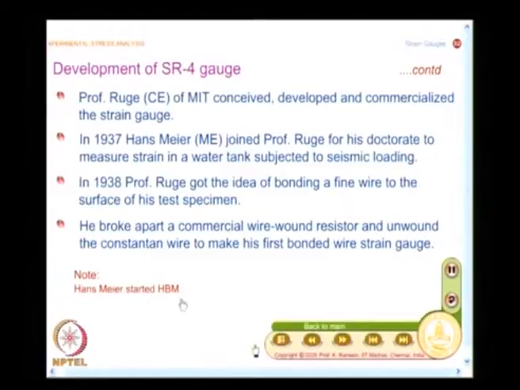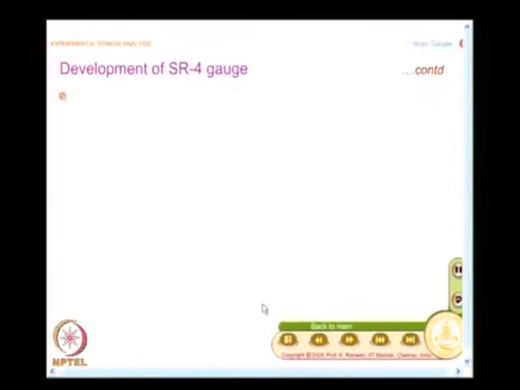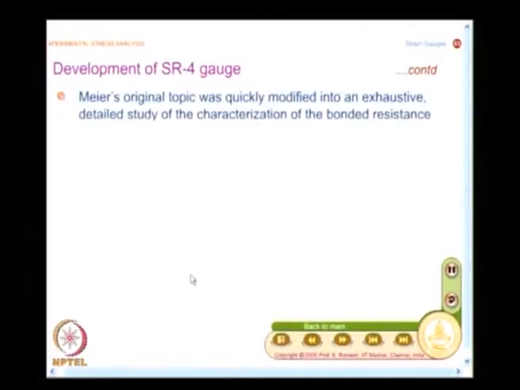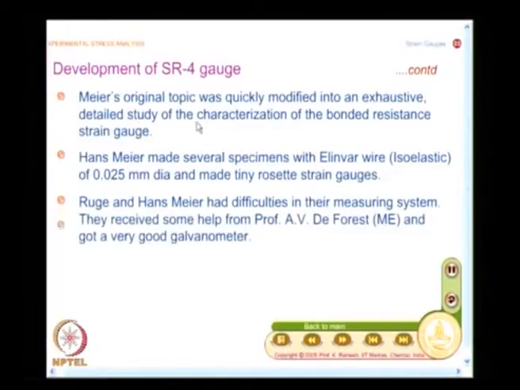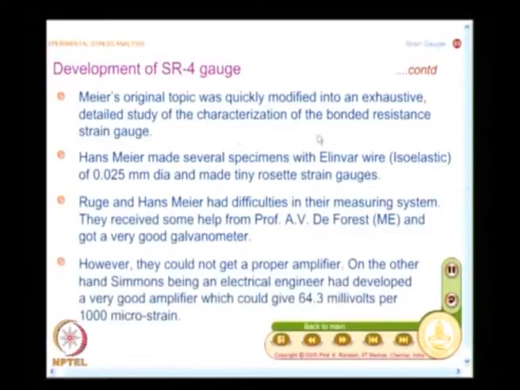And you have a famous company, BLH, which was started by Hans Meyer, and his whole thesis topic changed. So, the original topic was quickly modified into an exhaustive detailed study of the characterization of the bonded resistance strain gauge. See, that is how any development takes place.